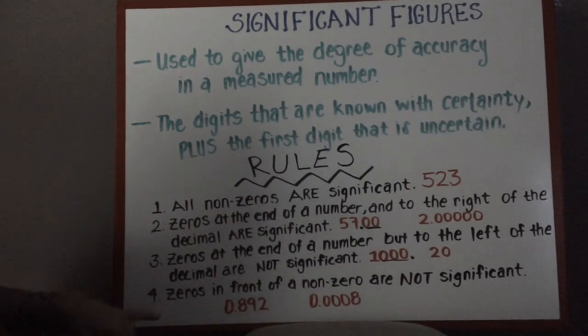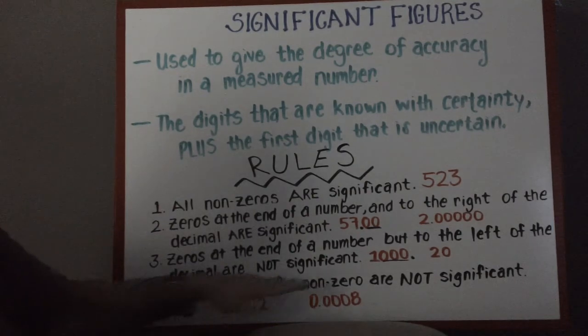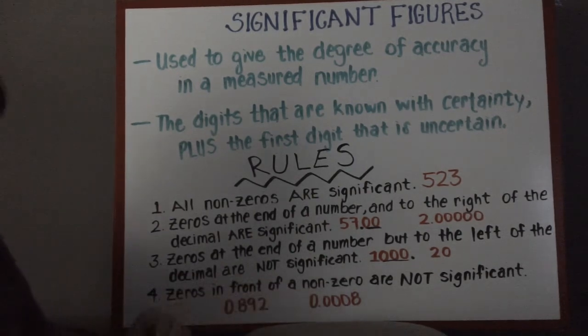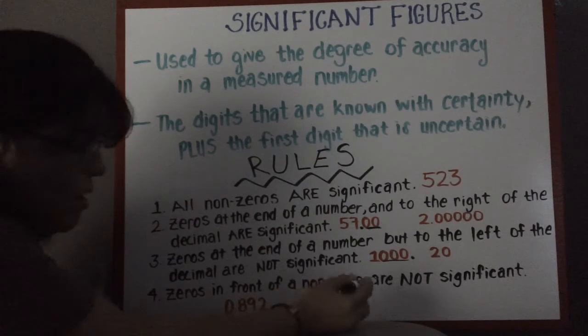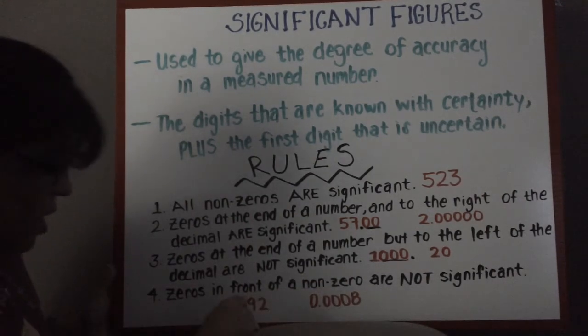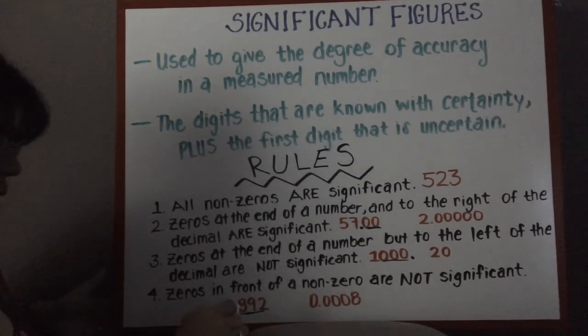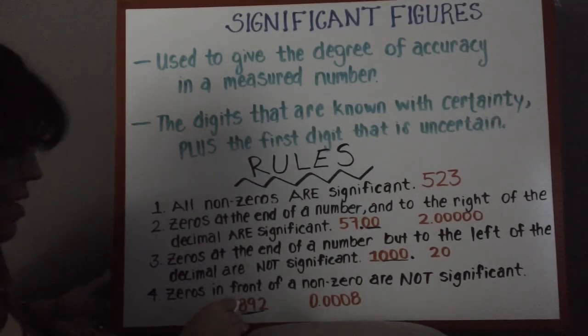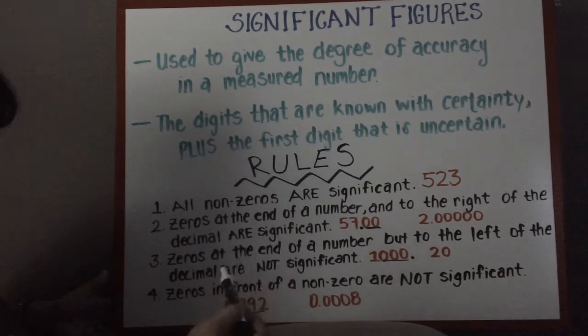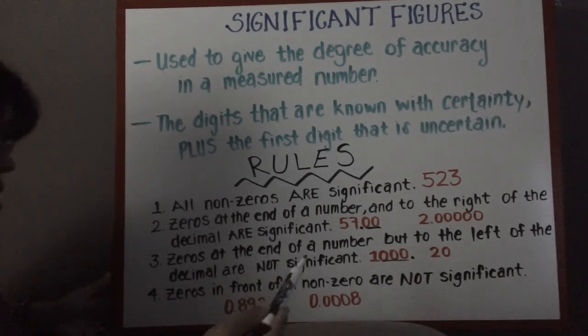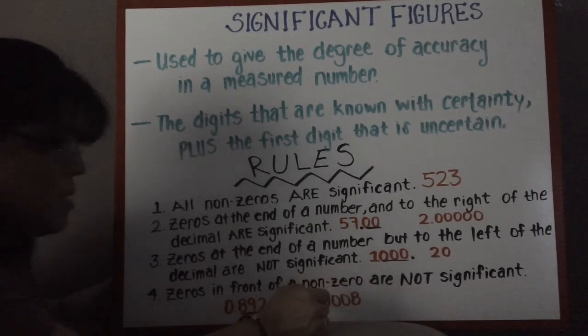And then our last rule here, that the zeros in front of a non-zero are not significant. So right here, we're going to be talking about these numbers in front of a non-zero that are not significant, okay? So we have numbers, and we're going to take 2 things into consideration. The number here is the decimal place.